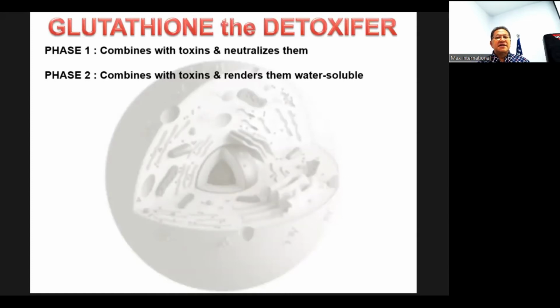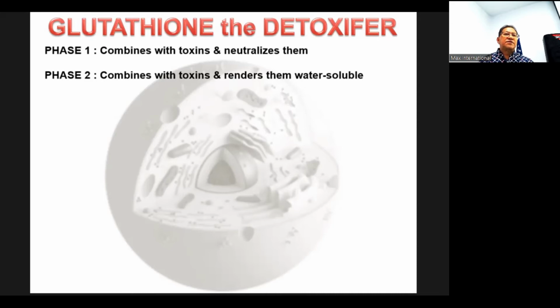Now comes how glutathione detoxifies. It does this in two steps. In phase one, it combines with the toxins and neutralizes them. So even if the toxin remains in the body, if it's already neutralized, it is harmless. The second way is it combines with the toxins and renders them water soluble. These toxins remain in the body for a long time because most of them are non-water soluble.